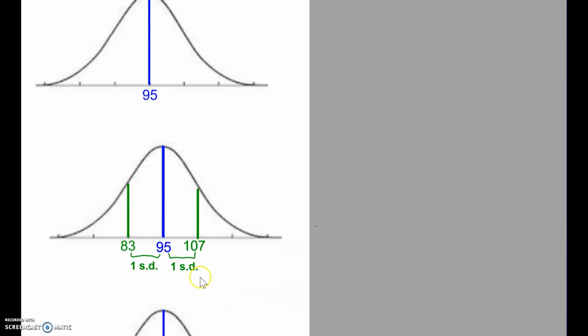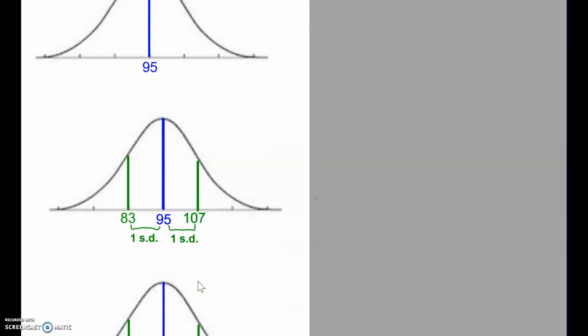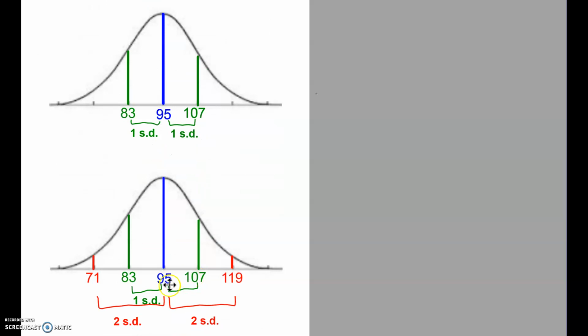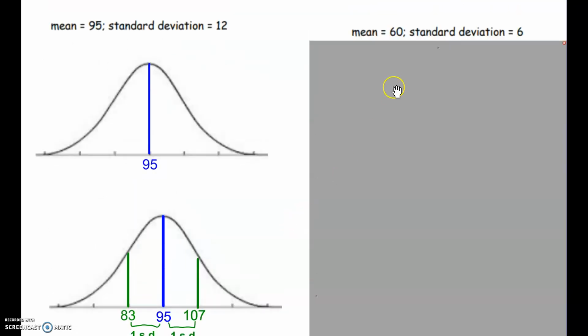I'm just simply adding 12 or subtracting 12. To get 2 standard deviations out from the middle, I would subtract 2 times 12 or add 2 times 12. That's all I'm looking at. So that's a bell curve with the standard deviations noted. Let's see if you can do it.